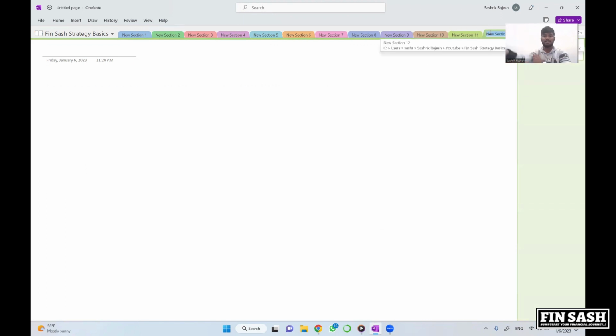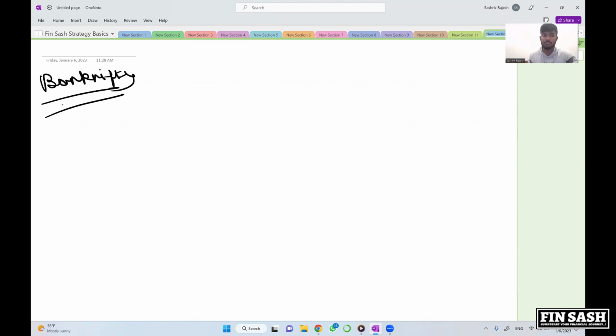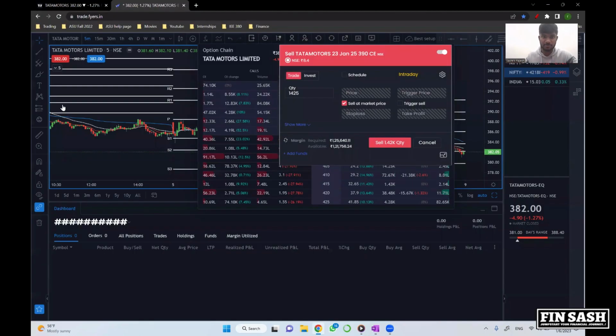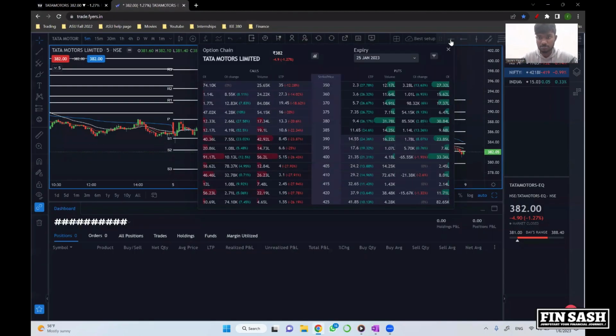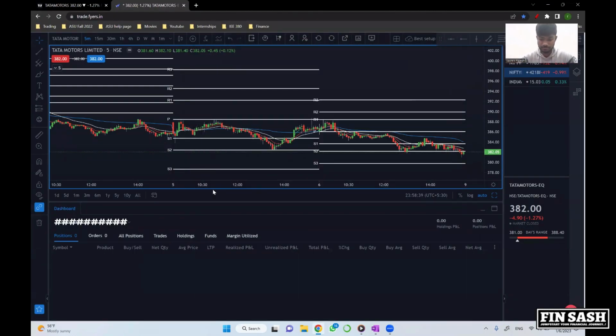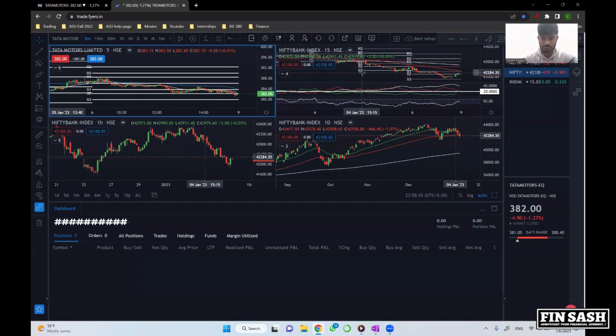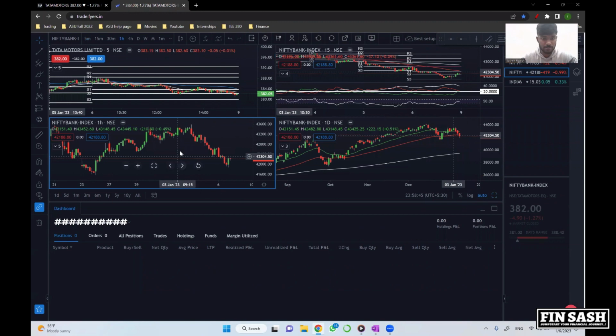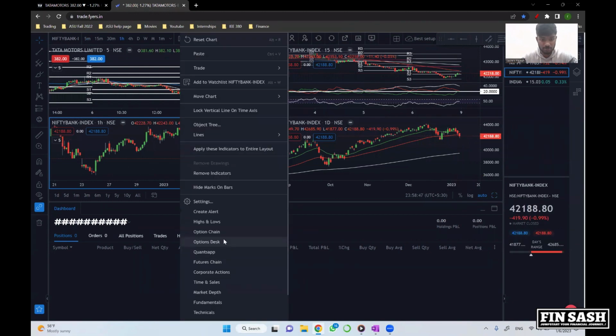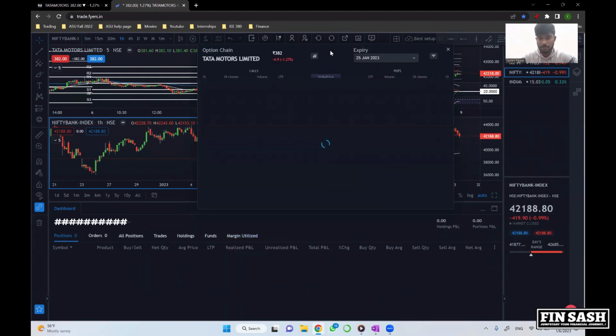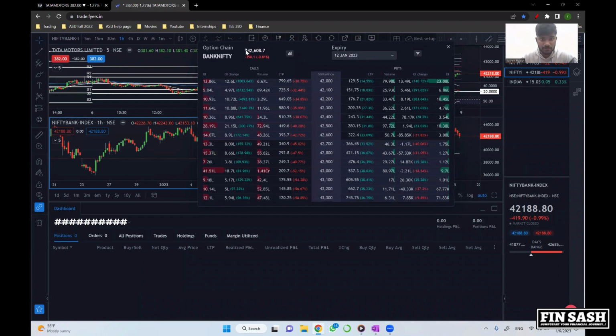Okay, just to summarize, I'll give examples. So we are going to be trading in Bank Nifty. I explained it in detail in the next video, but yeah. So I'll just take examples from Bank Nifty quickly. So Nifty Bank. I'll quickly go to the option chain. Right now, the price of Bank Nifty is 42,100.